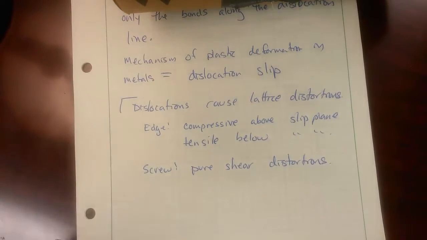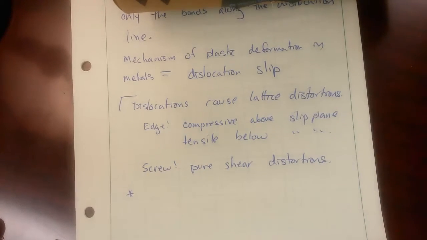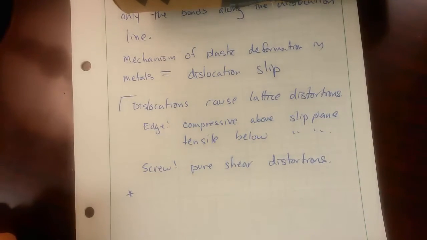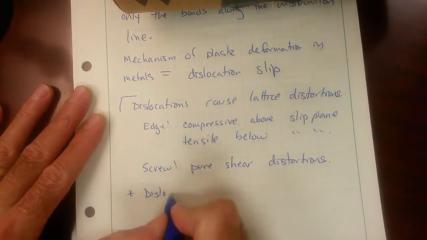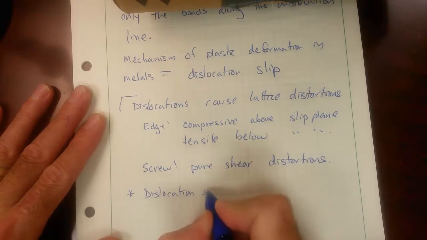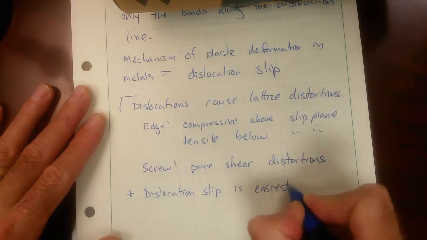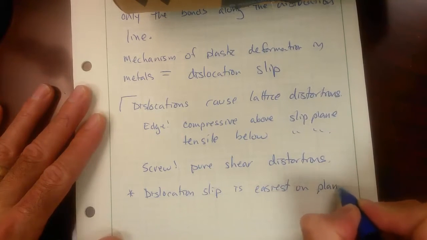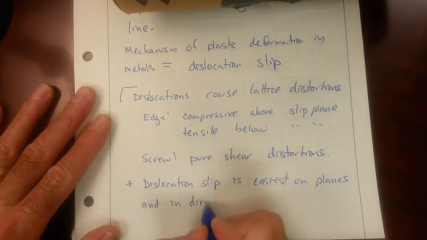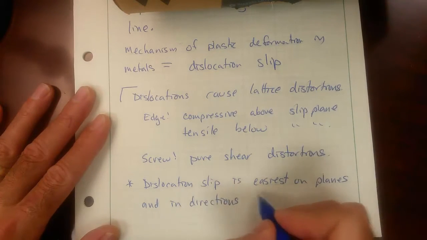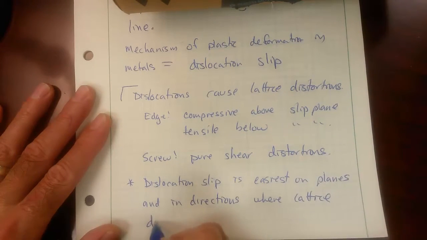Now, the result of this is that dislocation slip is easiest on planes and in directions where lattice distortion is minimized.